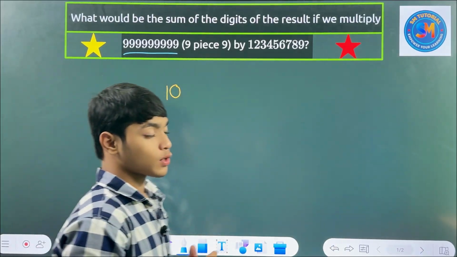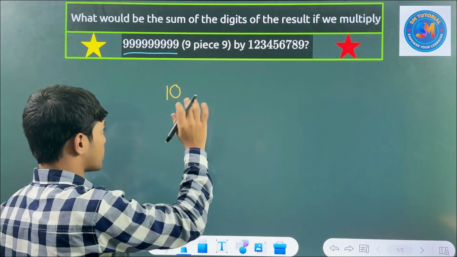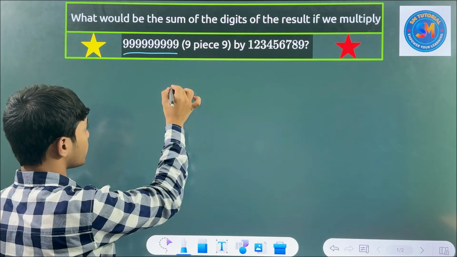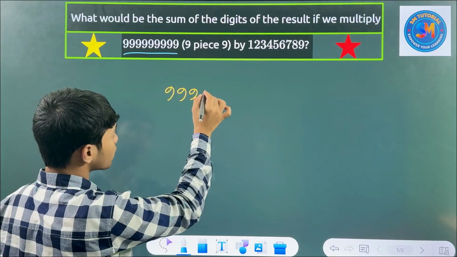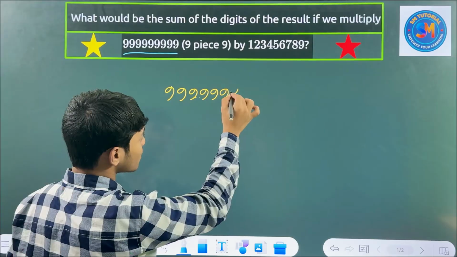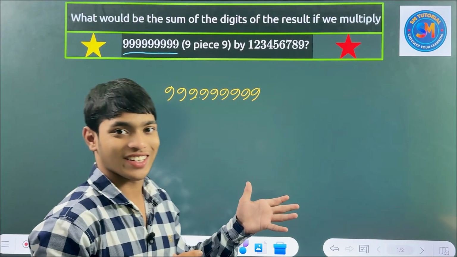First of all, you have to say what this actually is, and you can express it like I'm writing here first. 9, 1, 2, 3, 4, 5, 6, 7, 8, 9. It's huge actually.